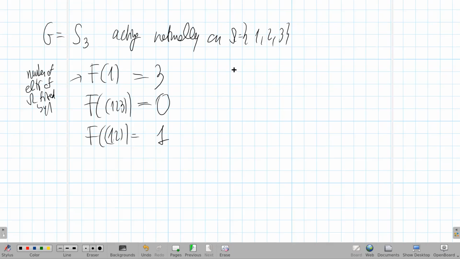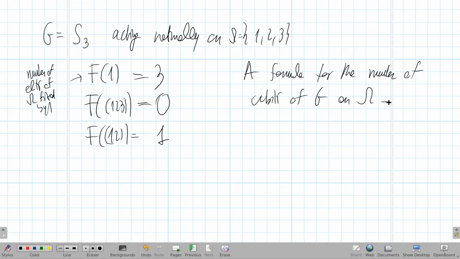Now we want to do the following. We want to find a formula for the number of orbits of G on omega. And the formula, this is called Cauchy-Frobenius, if I remember correctly.